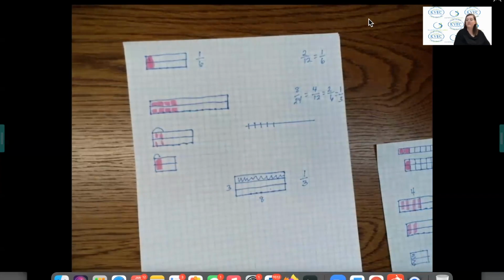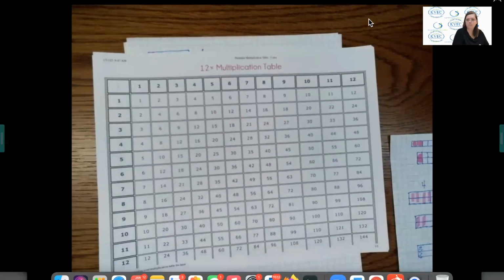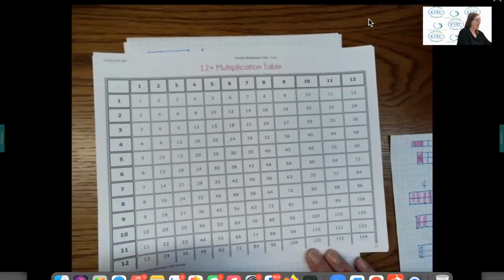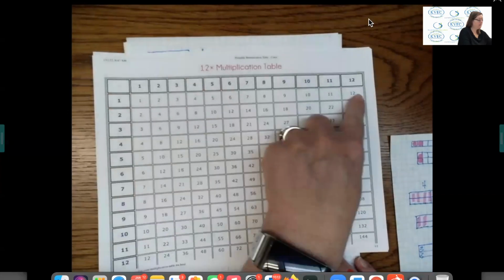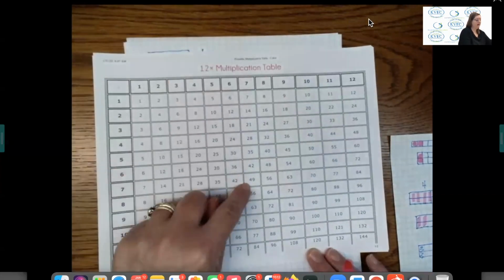Now, let's talk about the fact that if my students are still having some trouble and I want them to see this a little bit differently, I can use a multiplication chart. Let's say maybe that the numbers are kind of different for them, such as 14/49. Let's just say that we want to simplify. So I'm going to find 14 on my chart. Now I found 14. If in that same row is a 49, I can stop right there.